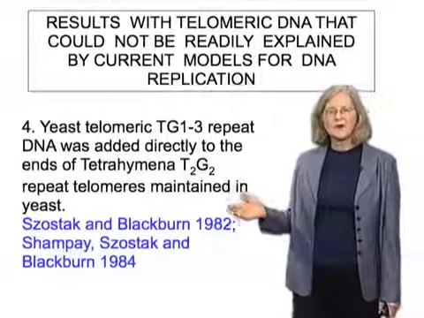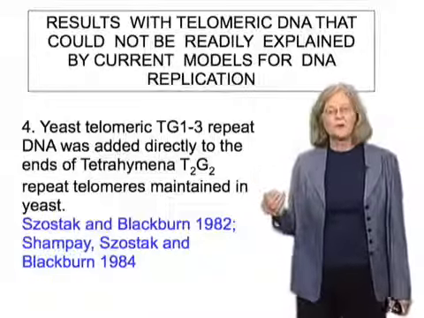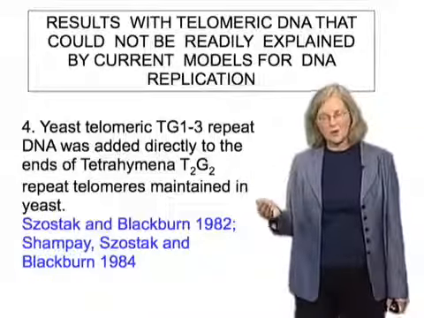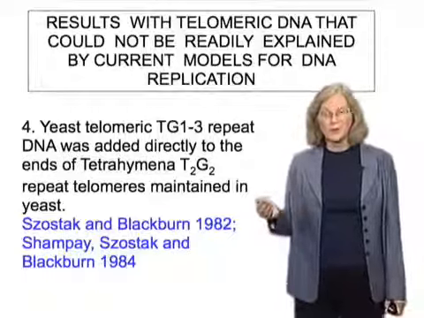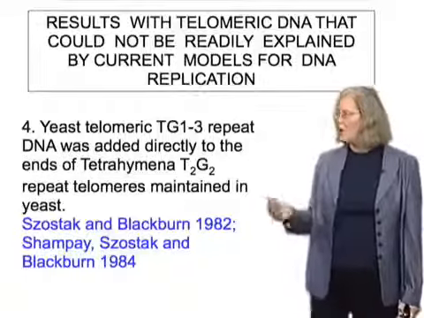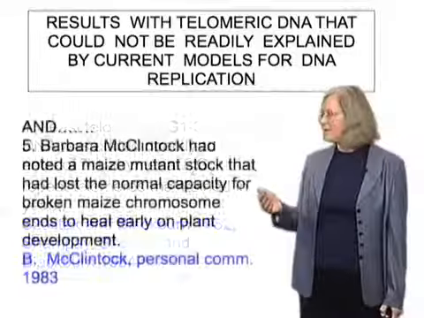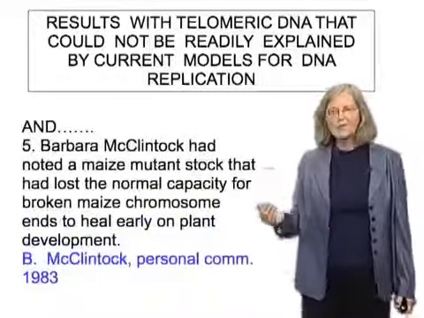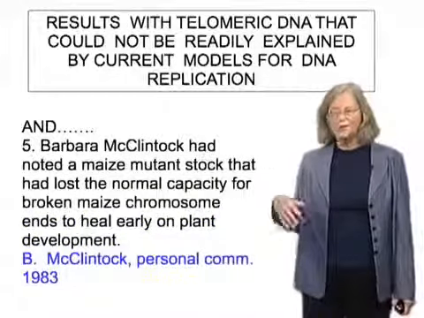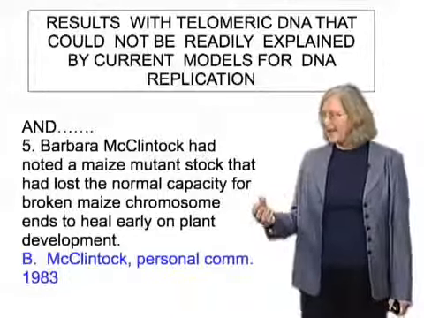And that didn't look like a reaction one would expect from standard known models of DNA replication or recombination. All of these suggested that perhaps there was some capability of cells to add telomeres.